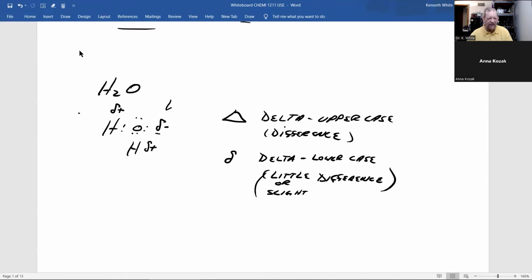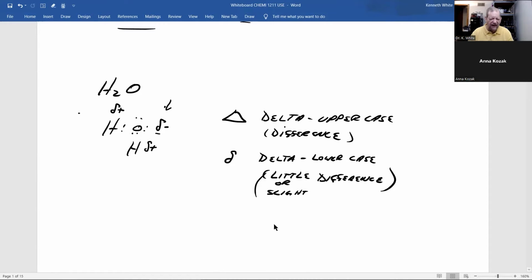Which is why there's a slight negative charge on the oxygen and the hydrogens have a slight positive charge. And that's because of electronegativity.